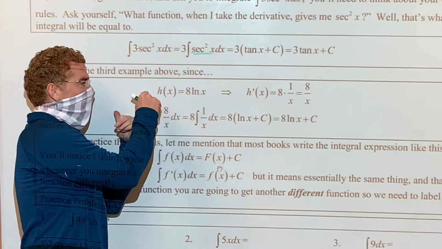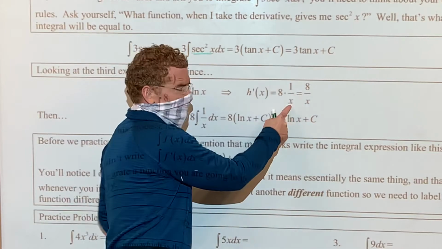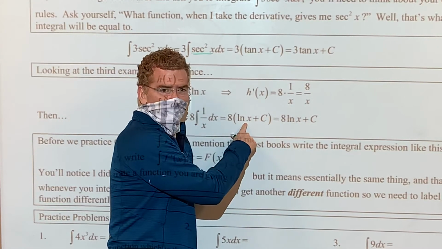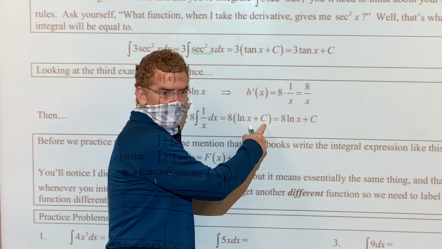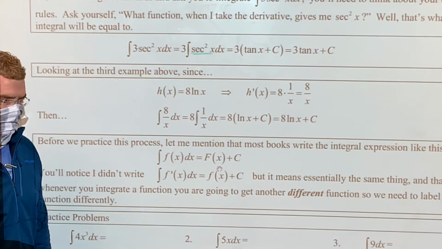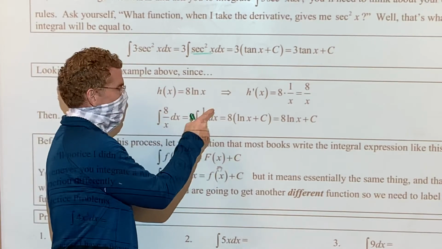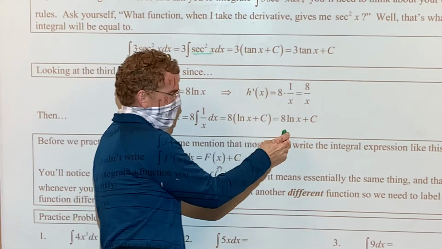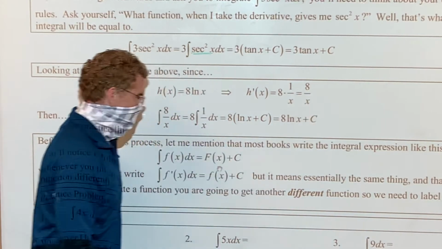Well, if you know that the derivative of ln x is 1 over x, then the integral of 1 over x must bring you back to ln of x plus c. Are you with me? But you've got to know those. And if you don't know those, that becomes a problem. You have to know these derivative rules to be able to understand the integral rules. And then again, you multiply the 8 in, but again, if it's a constant, it's still a constant.